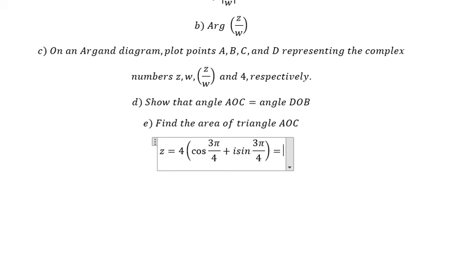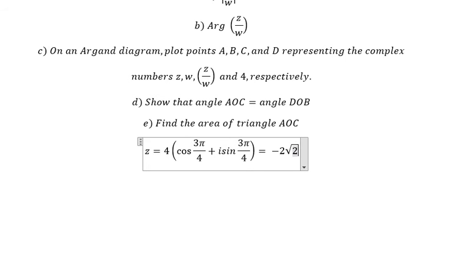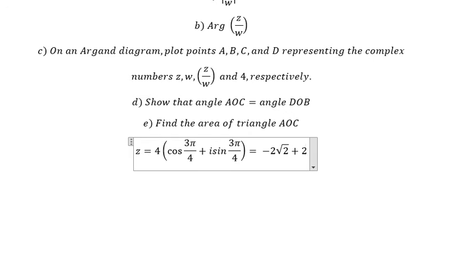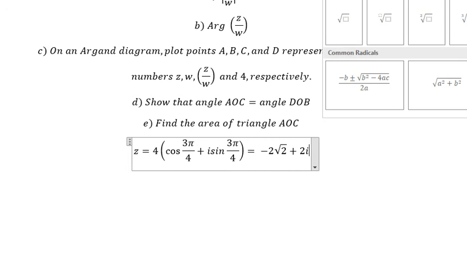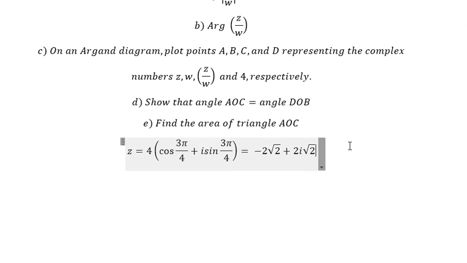You will get negative 2 multiplied with the square root of 2, and the next one, that is 2i with the square root of 2. So that's the first thing.